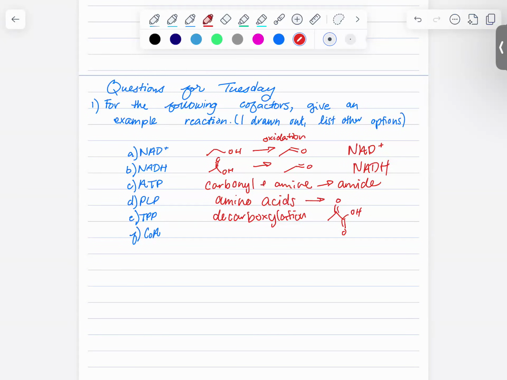Finally, what is our usual dead giveaway for CoA? A lot of CoA reactions, we'll see that we start with an acyl and end with our CoA bound to something, bound to our starting material.